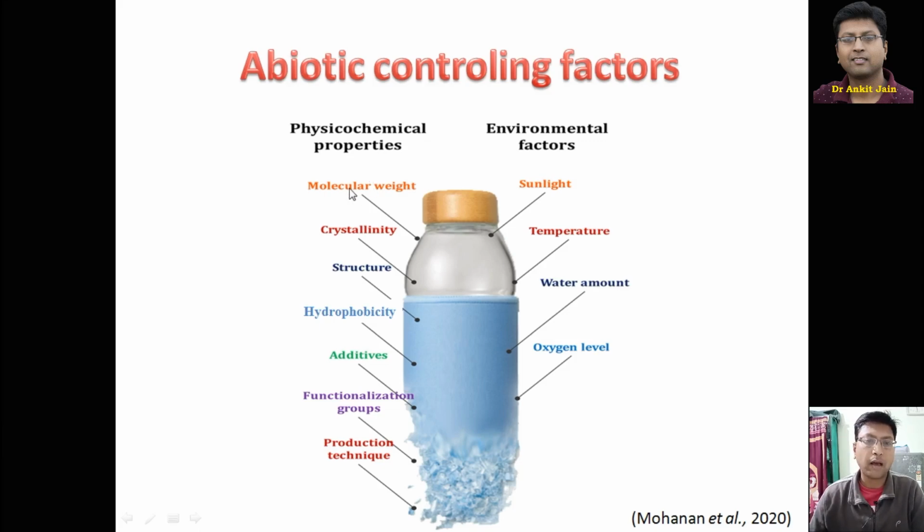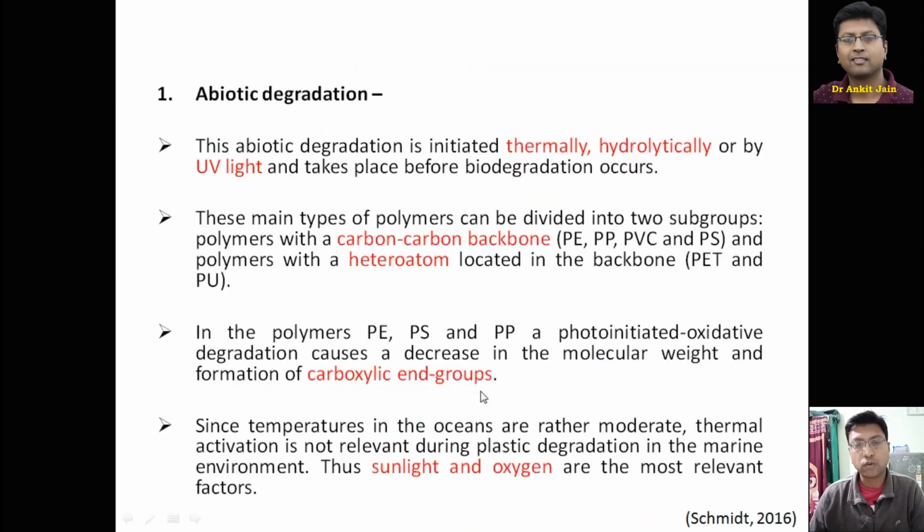If there is a high molecular weight, definitely there is low degradation. High crystallinity, high structural complexity, high hydrophobicity, high quantity of additives, a more compact functionalization group, and different types of production techniques lead to it being more complex to degrade.